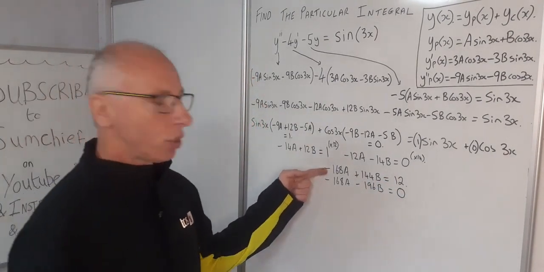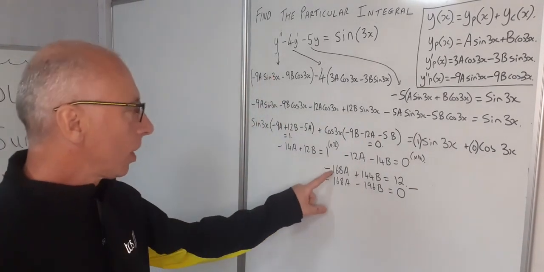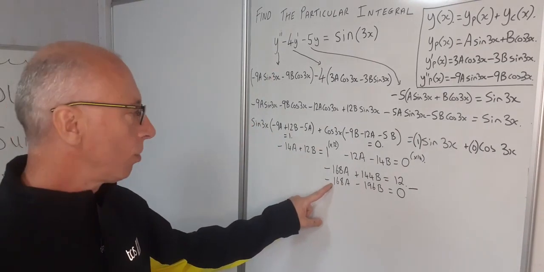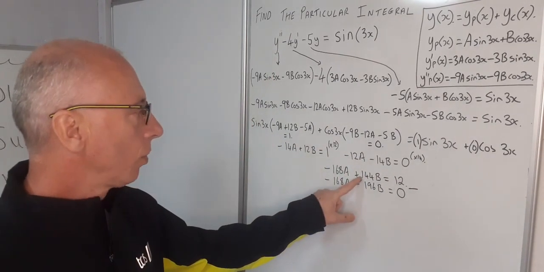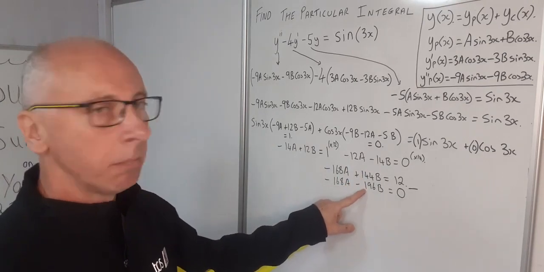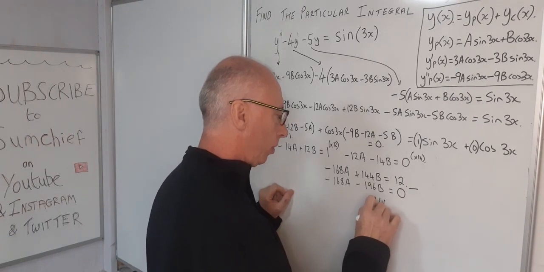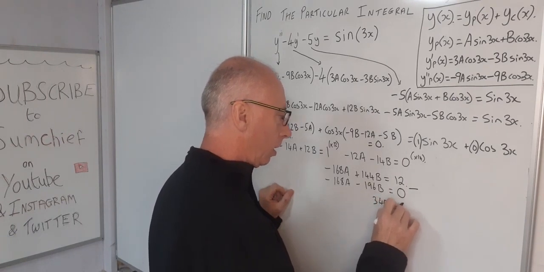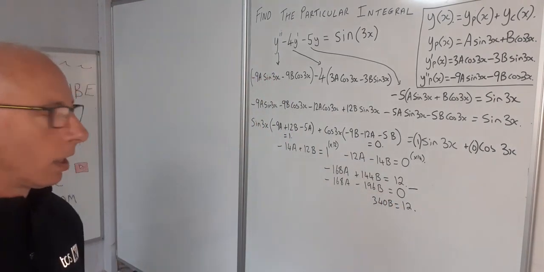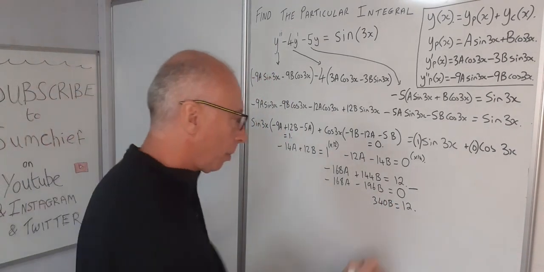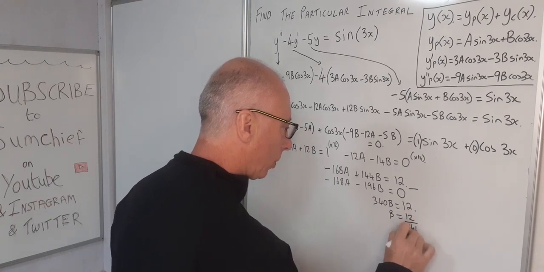Okay, so now if I just subtract, so 168a minus 168a, those terms are going to disappear. 144b minus 196b, that's going to give me 340b equals 12 minus 0, it's 12. Okay, so now we can solve for b, that's not a problem. b equals 12 over 340.